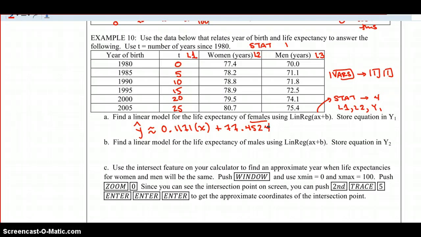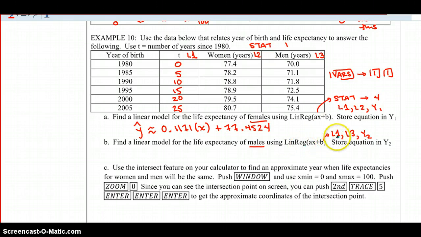So now we're going to do the same thing with the male data. So we're going to find the linear model for life expectancy for males, also using linear regression. Okay, but in this case, inputs are in L1, the output for males is in L3, and we want to store this equation in Y2. So again, we're going to push stat, right arrow, and 4 to call it the linear regression feature.